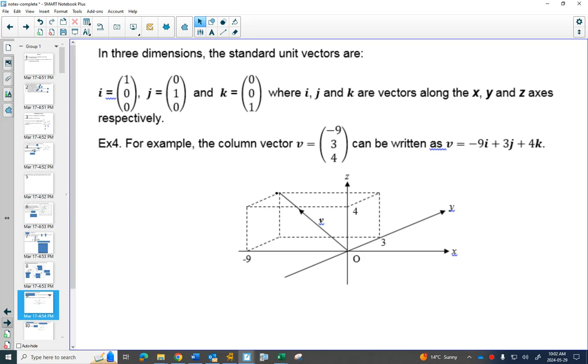So most of our math is going to be using the unit vectors i, j, and also k, where k is along the z-axis, which moves up and down. So if you had -9, 3, and 4 as a column vector, what you would draw is you would go along your x-axis.